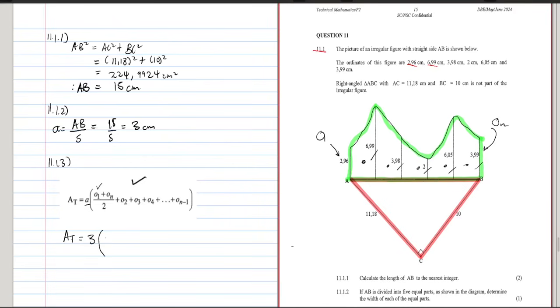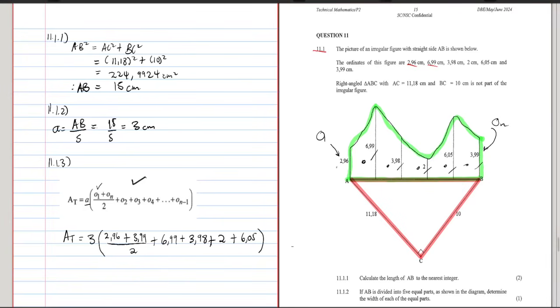The first ordinate is 2.96 plus the last ordinate, that is 3.99, divided by 2, plus the rest of the ordinates. How many do we have left? 4. So it's 6.99 plus 3.98 plus 2 plus 6.05 plus 3.99.